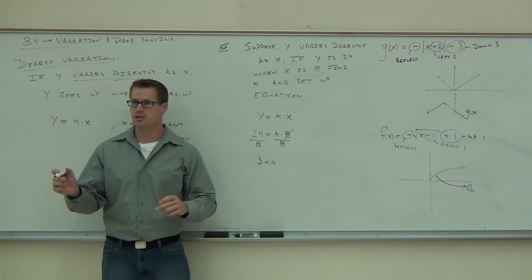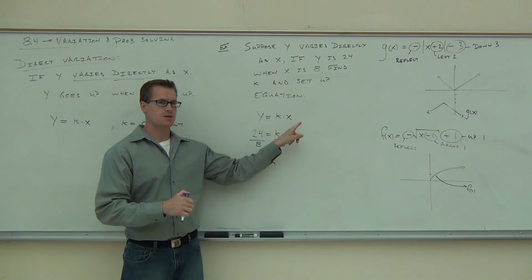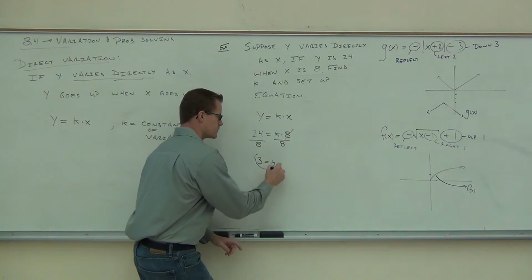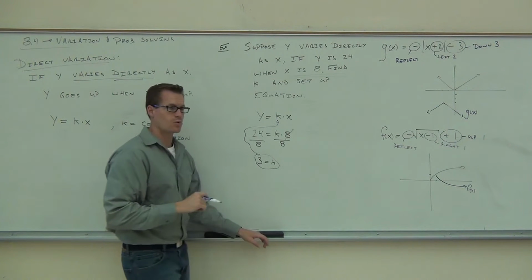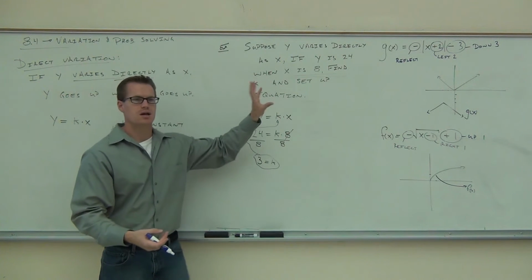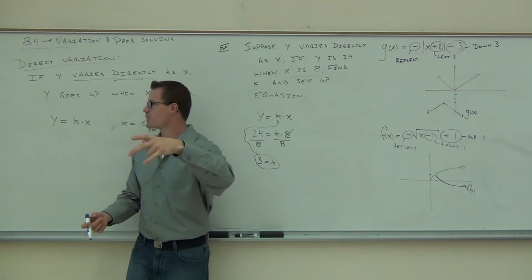Here's the only thing you need to do now. You go back up to where you started. y equals k times x. Have you found k? Then all you do is take this value, plug it into that number, and rewrite this part of it. So you just use the 24 and the 8 to solve for k. Then we rewrite our equation.